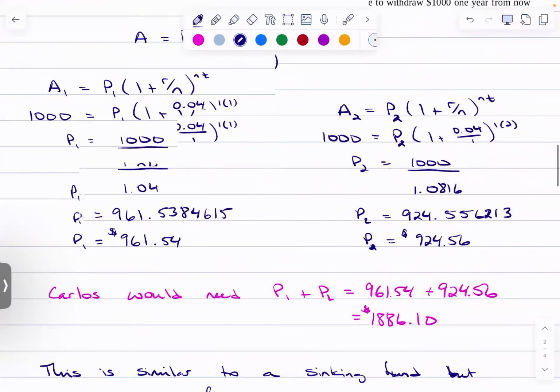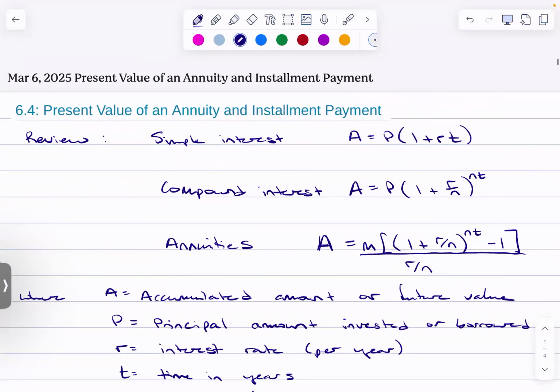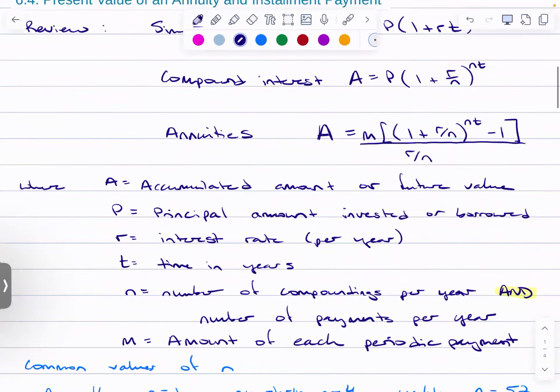Referring to the name of the section, it's called present value of an annuity and installment payment.